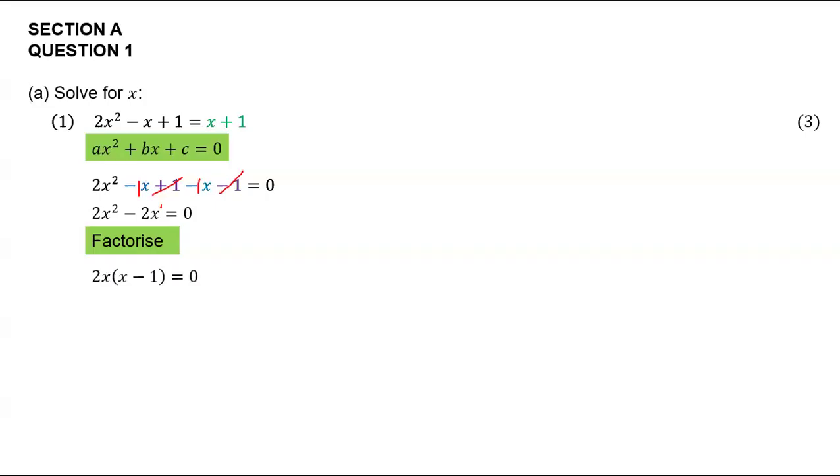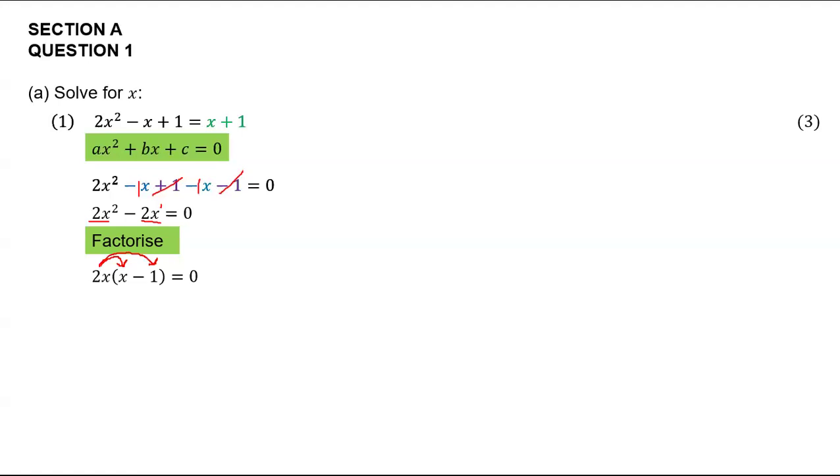In brackets, you will be left with x minus 1. Note that to check if your factors are right, multiply them out. So 2x times x will give us x squared, so that one is correct. 2x times negative 1 will give you negative 2x, so that is also correct. That's how you check if your factors are correct.